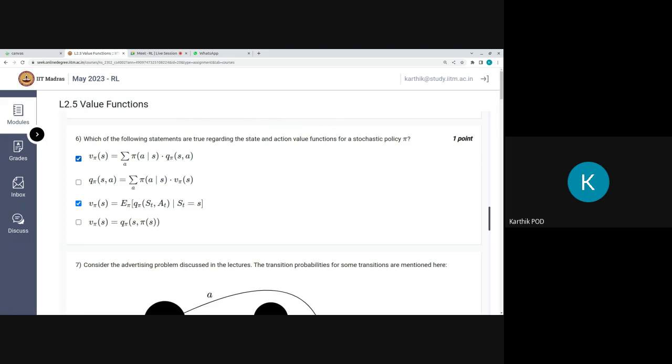So behaving according to policy pi after S comma A is taken care of. Now, what is the probability that you will take action A in the first place? That is given by pi of A given S.